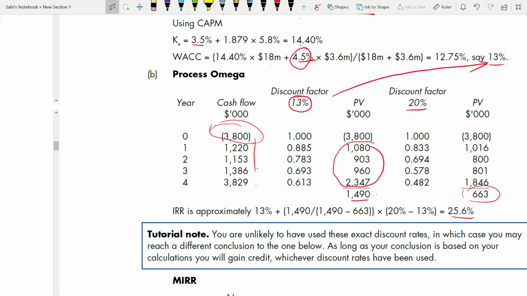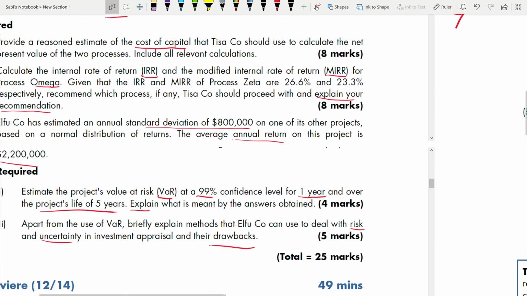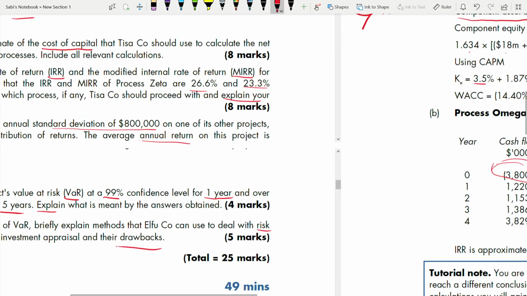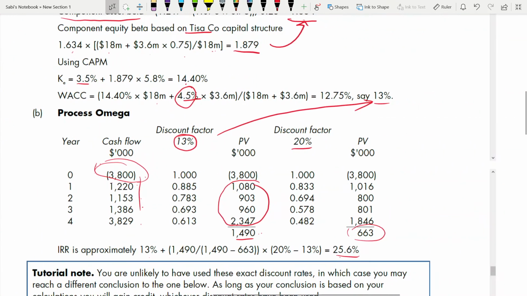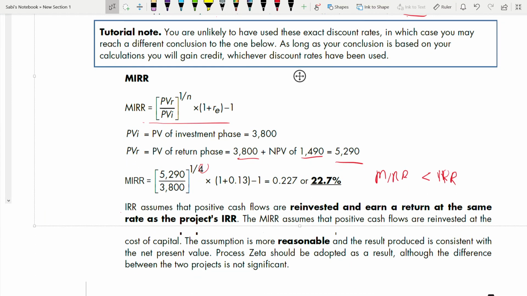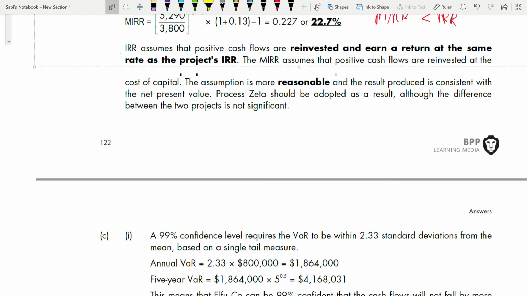Because the IRR of omega is 25.6, whereas the IRR of zeta is 26.6, which is more, and MIRR is 23.3% for zeta, but for omega it is less, 22.7. So that has to be taken. Project zeta has higher IRR and MIRR, both higher compared to omega, even though the difference is very small. Now let's go to part C.